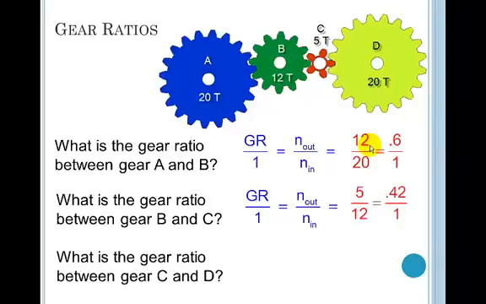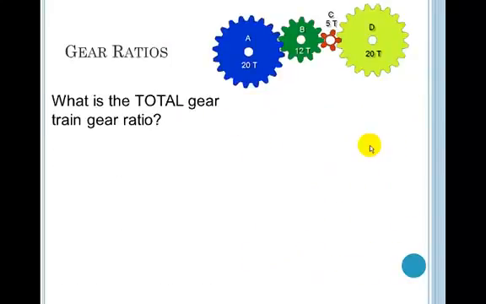Then the ratio between C and D. Now C is the input and D is the output, so it'll be 5 over 20. Sorry, I said that backwards, 20 over 5.